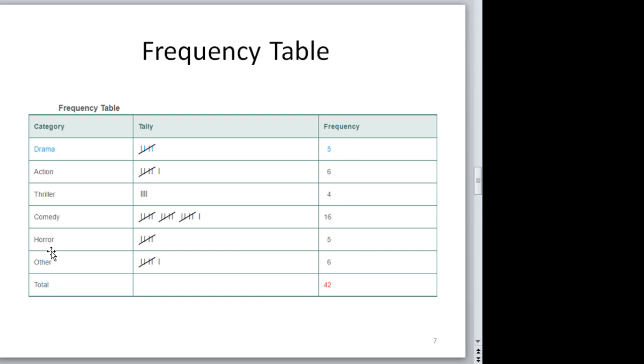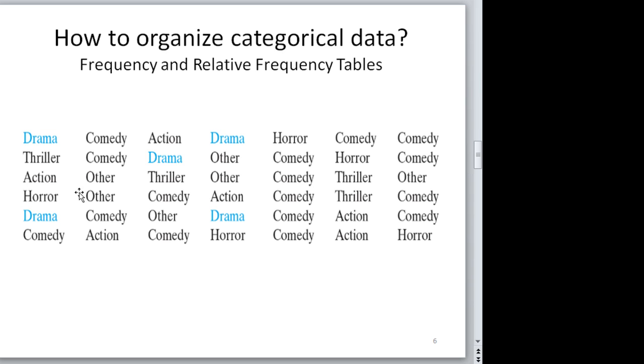Looking at this data, you can see all the data, but you can't really see the general trend and what's really popular. You can kind of see comedy many times, but other than that, it's not that easy to see.